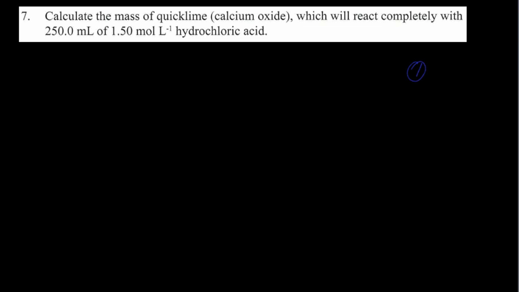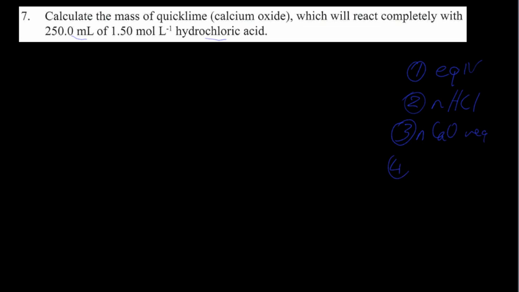First off, we're going to want an equation. Always, that's important. Second, we have all the information to know how much hydrochloric acid, so we want the number of moles of HCl. Third, we need to find the number of moles of calcium oxide required.